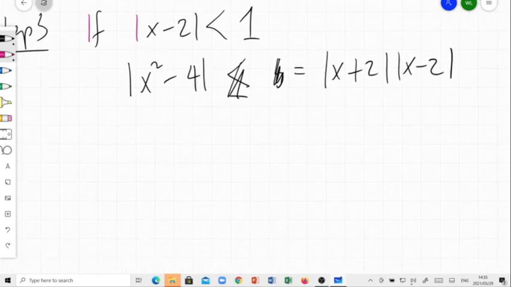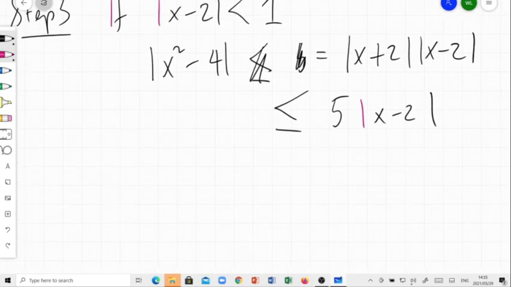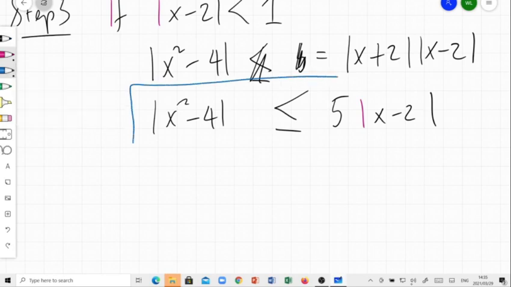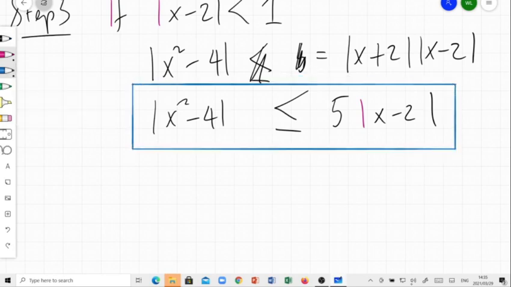Now this x plus 2 grows at most to 5, because I've restricted my x's to be within distance 1 of 2, times x minus 2. So now I've done my job, because I've written my second distance in terms of a constant multiple of the first distance.